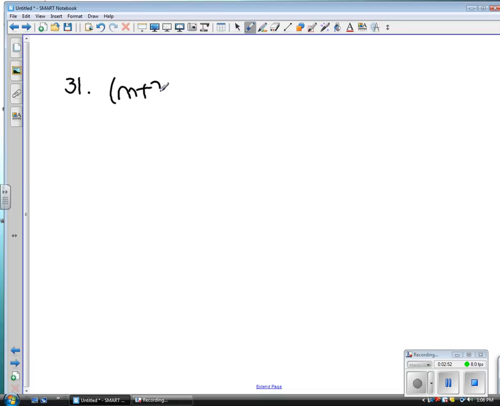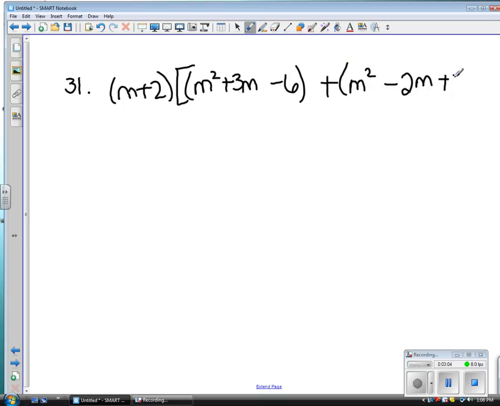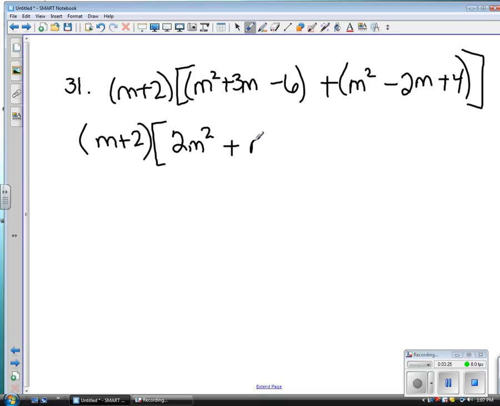31 had m plus 2, and then I have a bracket over here at m squared plus 3m minus 6 plus m squared minus 2m plus 4. This is one that Kara gave us like yesterday. I need to do this stuff first. I'm adding these polynomials, so m squared plus m squared is 2m squared. 3m minus 2m is 1m.